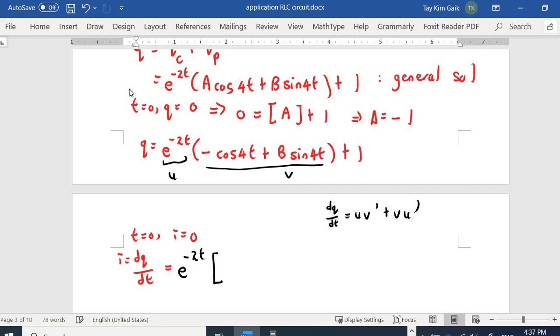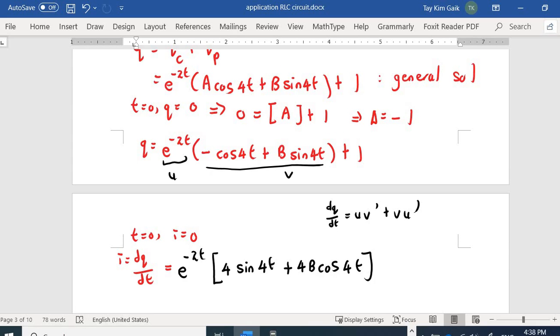V prime: differentiate negative cos, negative and negative gives positive, so 4 sin 4t. Differentiate sin positive, so 4B cos 4t. Differentiate 1, 0.